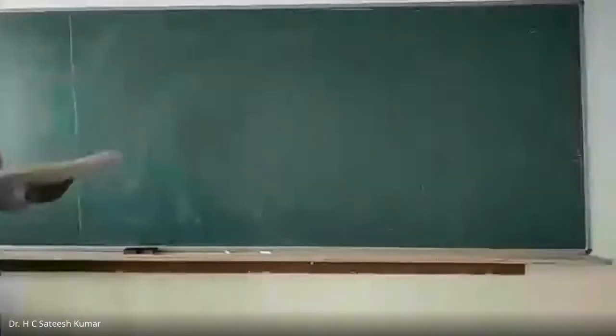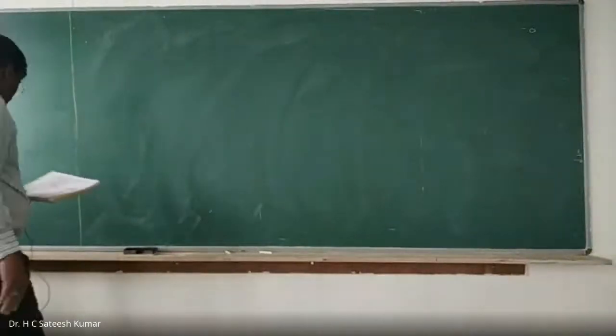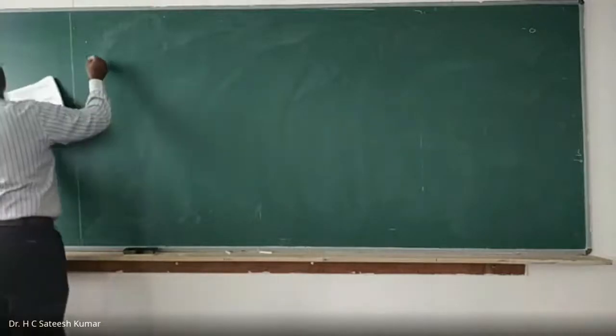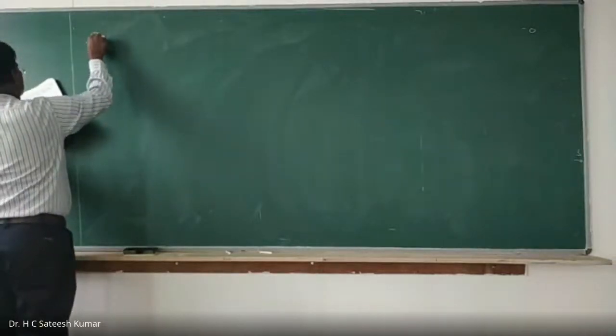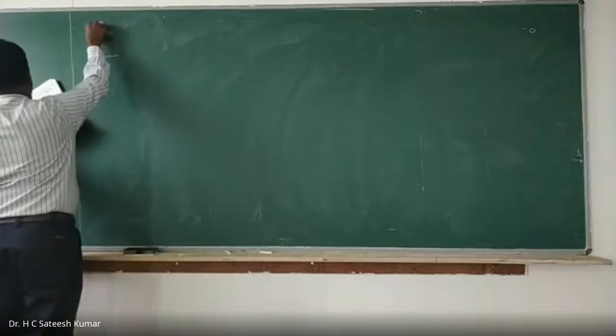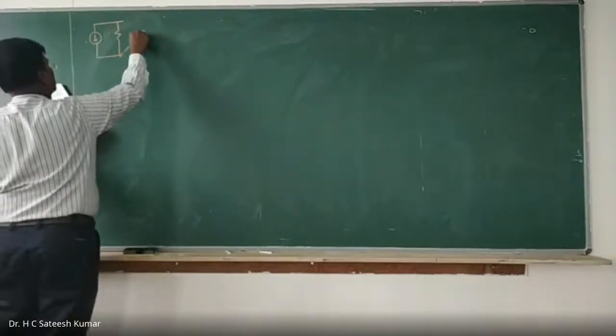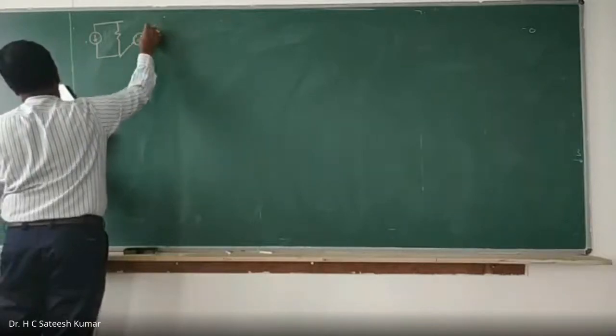So write down the circuit diagram first. A current source, in parallel with that there is a resistance, and there is a voltage source, minus plus.